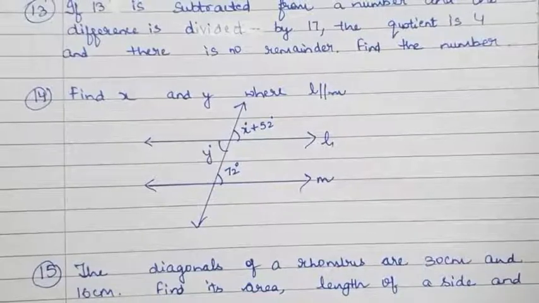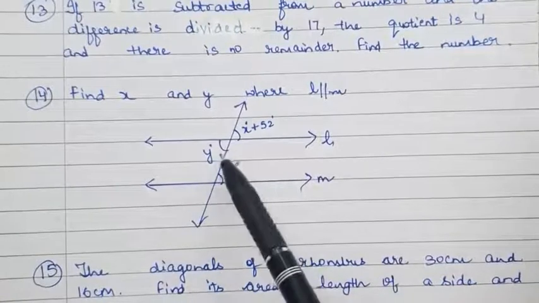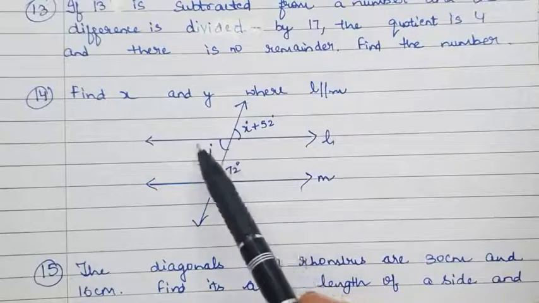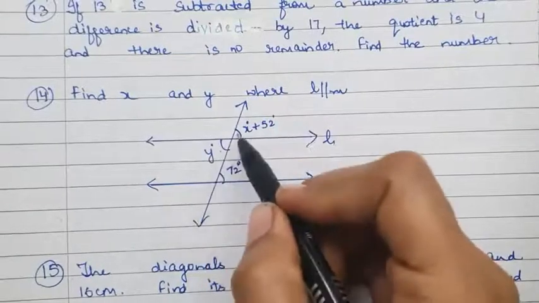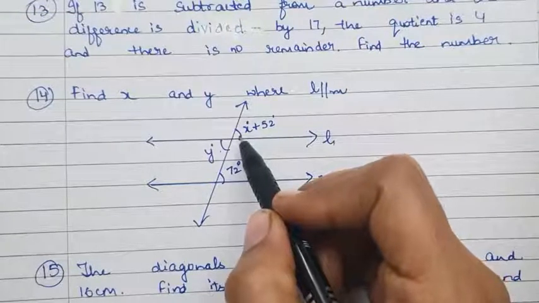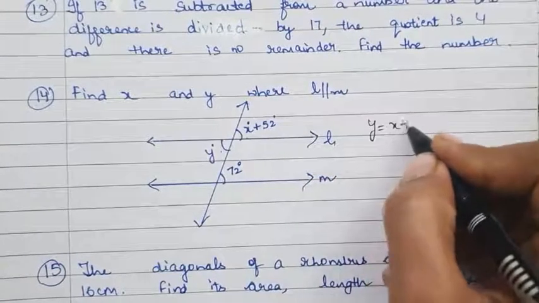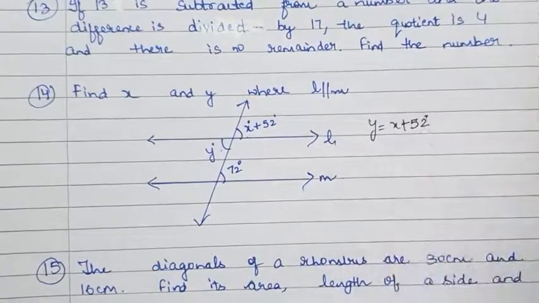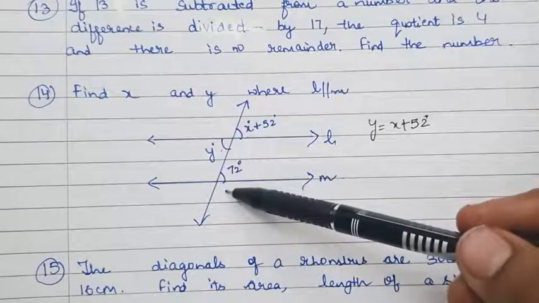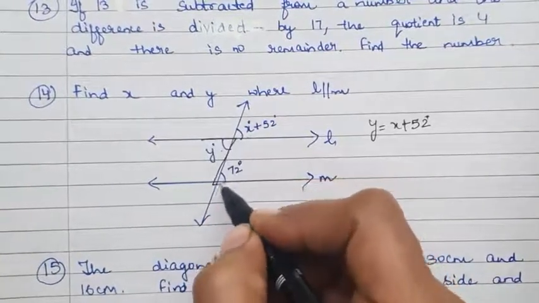Next question is, there are two parallel lines L and M and we have to find the values of y and x. If you see carefully, these two angles are vertically opposite angles. So it means y will be equal to x plus 52 degrees. Now since y and 72 are a pair of alternate interior angles, see Z is forming here.